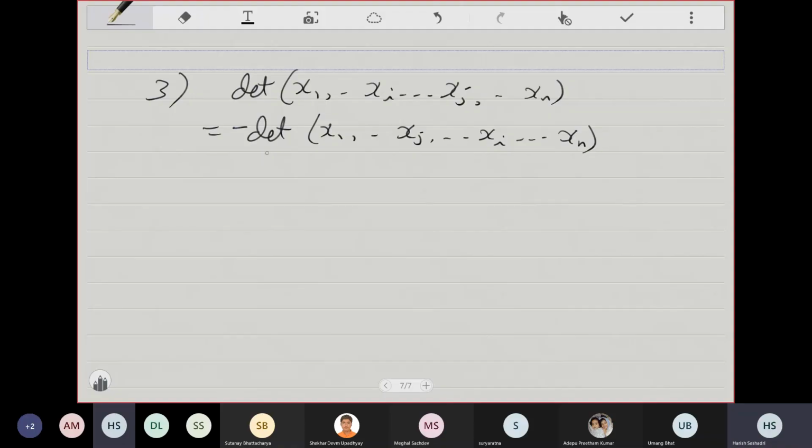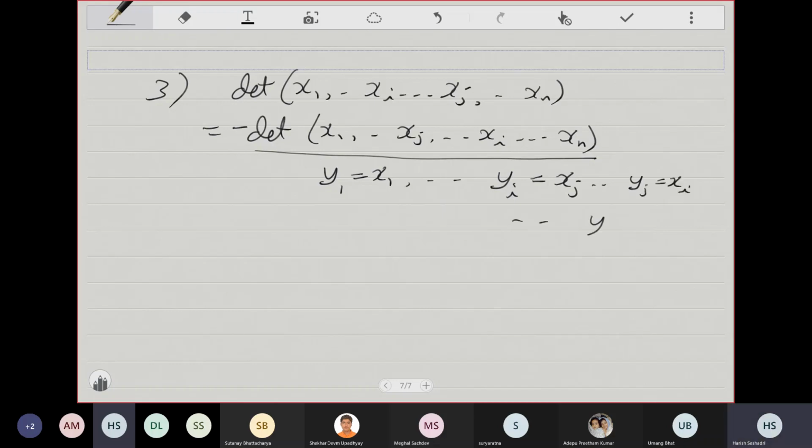Now what you do is you just work backwards. You start with this right-hand side. So let's introduce new vectors: y1 equal to x1, etc., yi equal to xj, the others are the same, yj equal to xi, and yn equals xn.